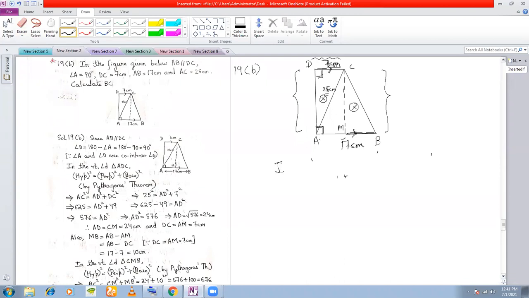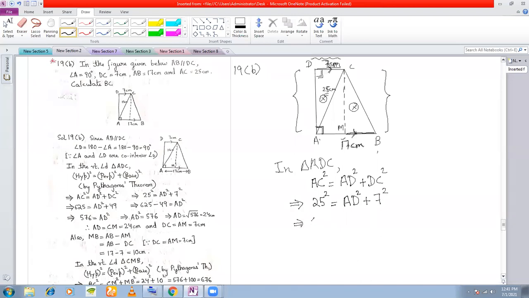Right, in triangle ADC, hypotenuse here is AC, perpendicular here is AD, and base here is DC, or CD square, right? Put the values. AC here is 25, so AC square is 25 square. AD square, we put as it is because we don't know, and DC is 7.